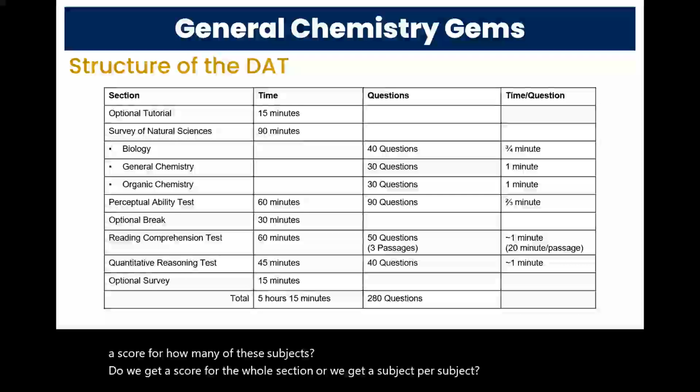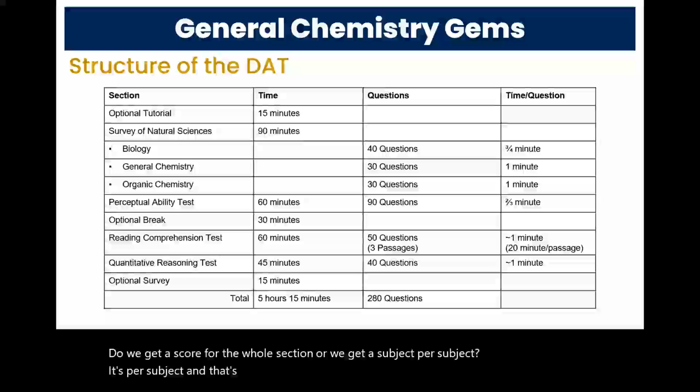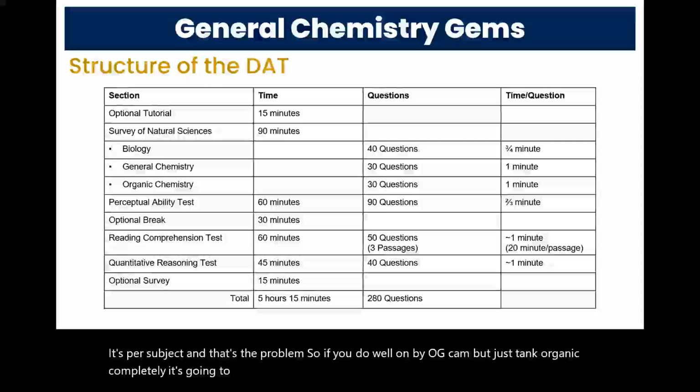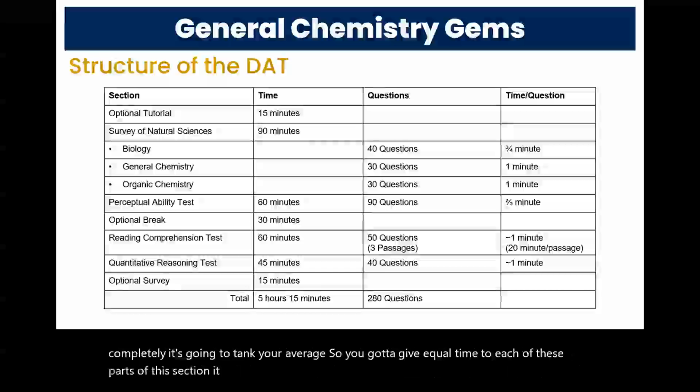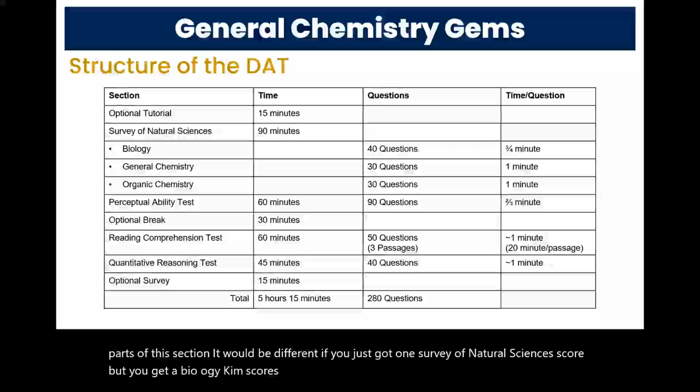It's per subject, and that's the problem. So if you do well on bio and GChem, but just tank organic completely, it's going to tank your average. So you got to give equal time to each of these parts of this section. It would be different if you just got one survey of natural sciences score, but you get a bio, a GChem, and an OChem score. So you got to make sure you're giving enough time to each question or to each group of questions.